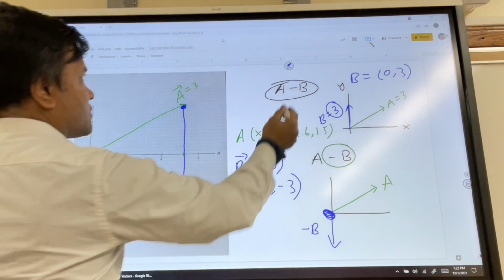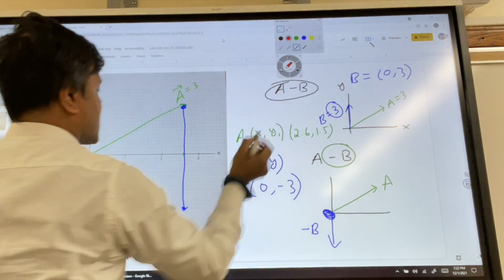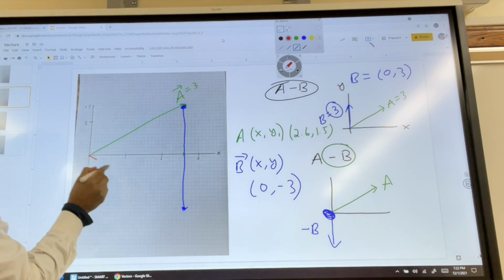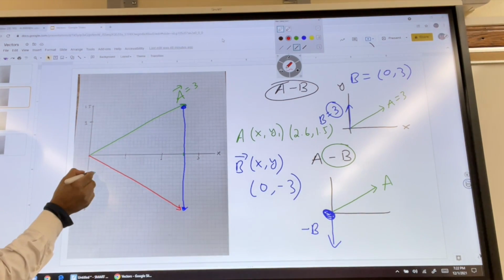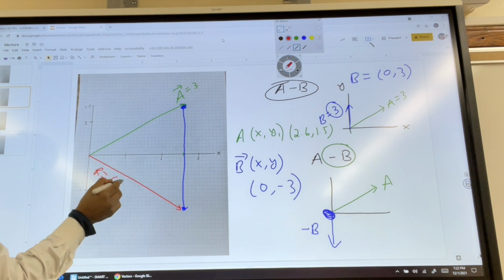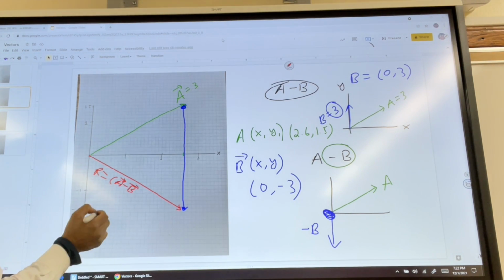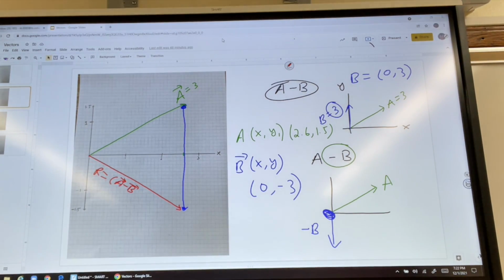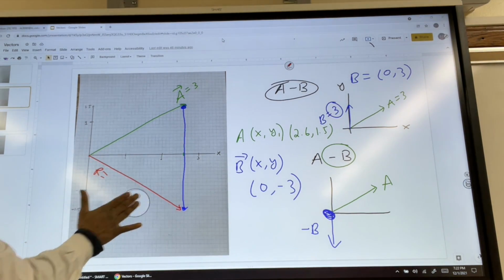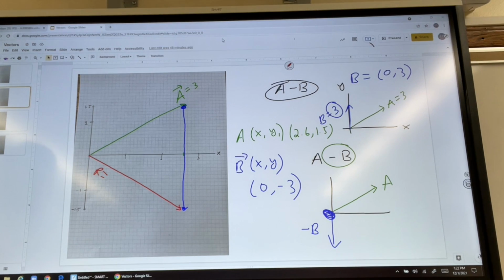All right, now I'm going to draw the resultant. So this is my resultant. What does the resultant mean? Resultant is a minus b, vector a minus b. So what is the resultant? Let's find it out.